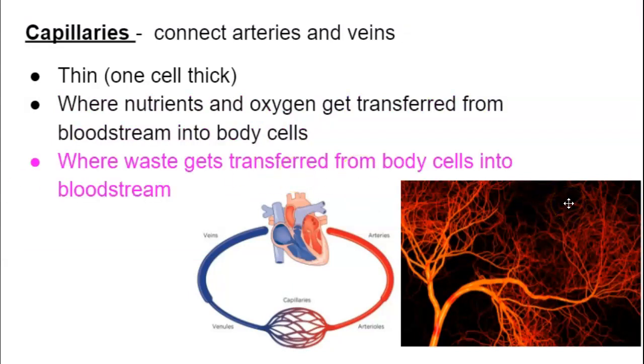And then what happens is the cells do the reverse. They get rid of their waste. So any waste, whether that's carbon dioxide, extra salt, or sugar, gets transferred into the bloodstream.